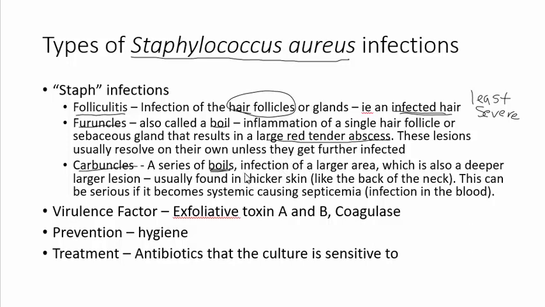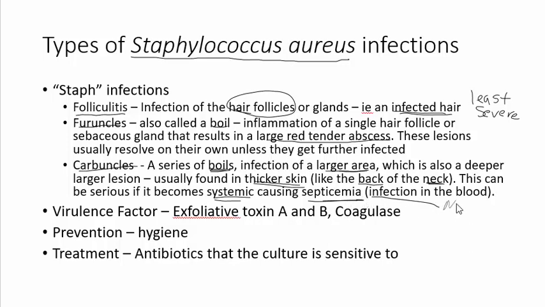And when it gets further infected, you have something like carbuncles here. This is on a larger area, and it is deeper. It's usually in thicker skin, like the back of your torso and the back of the neck, and it can be systemic if it gets into the blood. If you have septicemia, that's when it's most deadly.